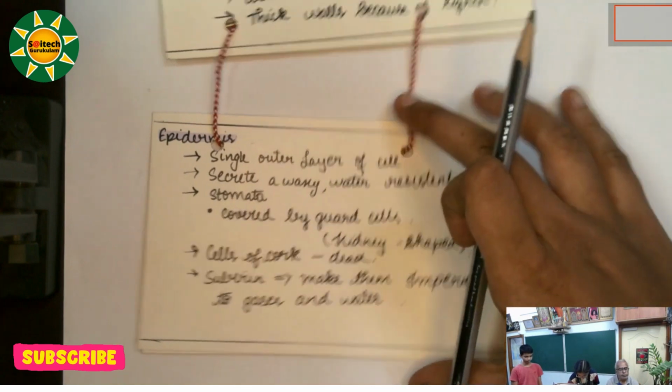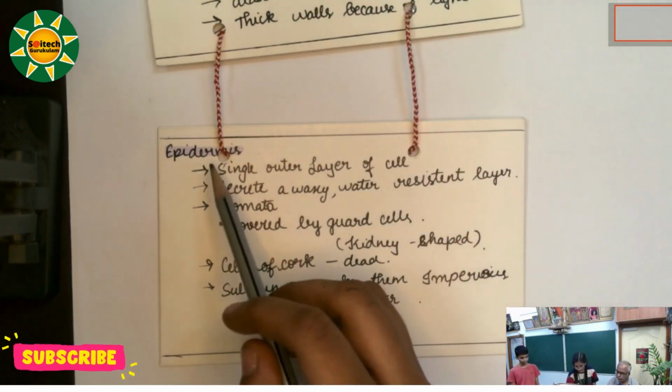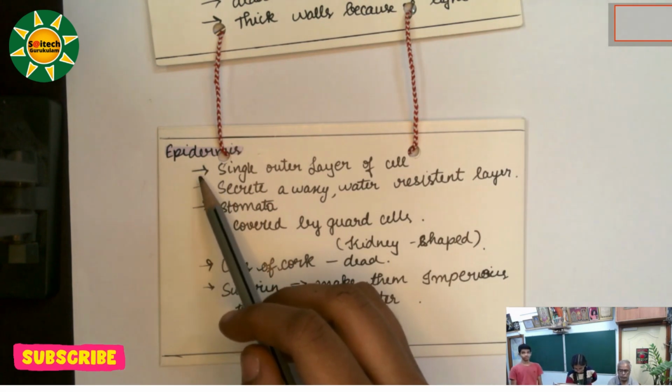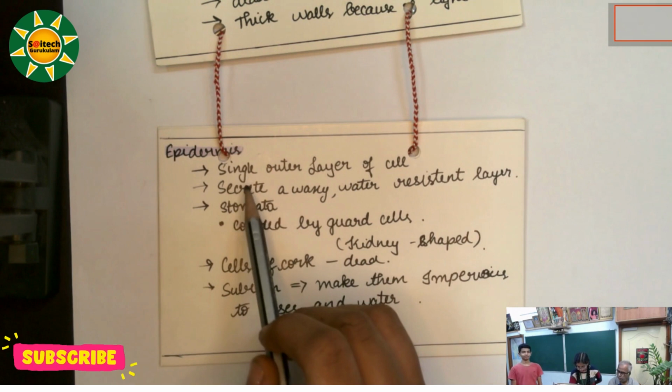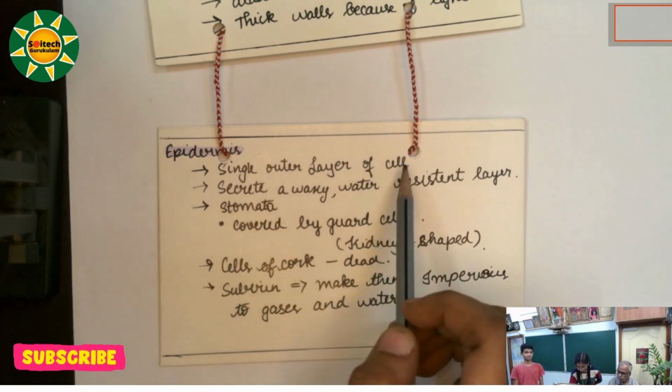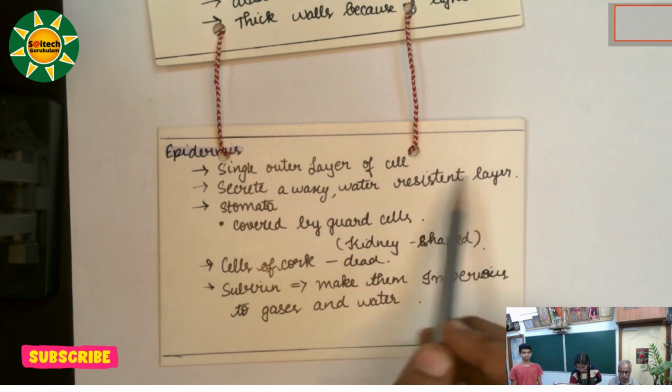And now coming to epidermis. Epidermis is nothing but the outer covering of the plant. Inside the epidermis, only parenchyma, collenchyma and sclerenchyma are present. The epidermis is a single outer layer of cells. It secretes a waxy, water resistant layer.